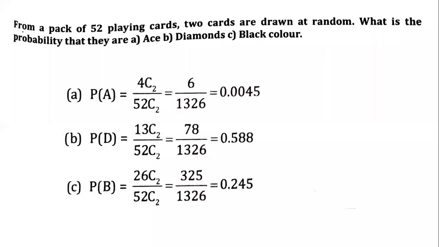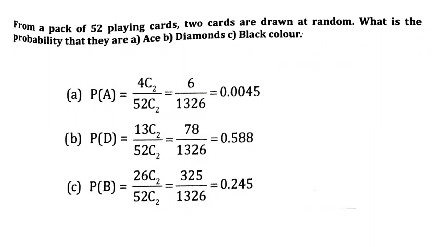Now here, from a pack of 52 playing cards, 2 cards are drawn at random. Whenever they say 2 cards are drawn at random, 3 cards are selected, 4 cards are selected, you will have a combination being used there. So from a pack of 52 playing cards, we already understood how playing cards work.